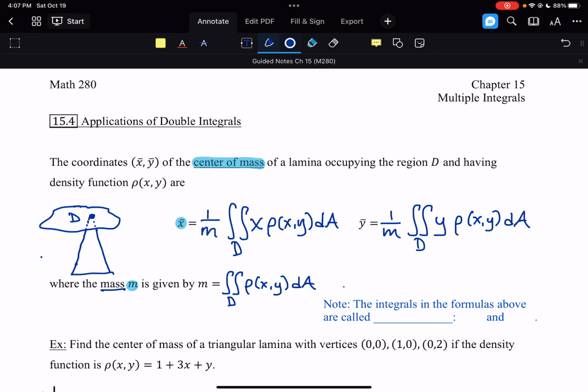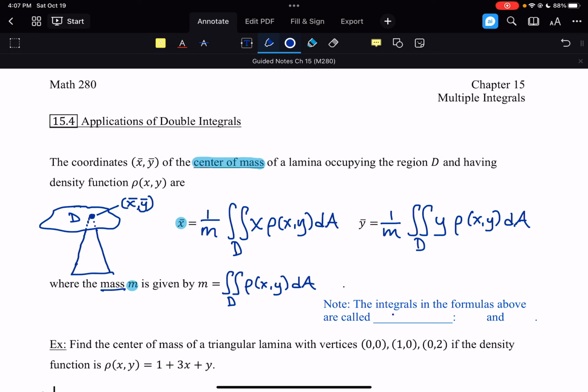Anywhere else it would tip and fall over. So we're trying to identify where that point is using simply the mass of the lamina and the region, the formula that defines the region D.